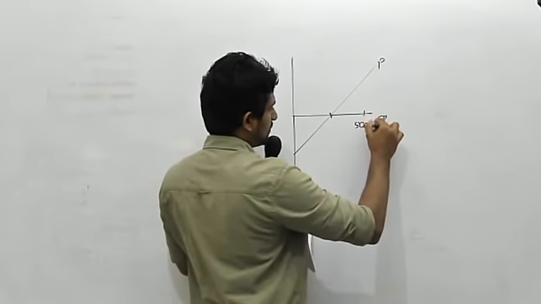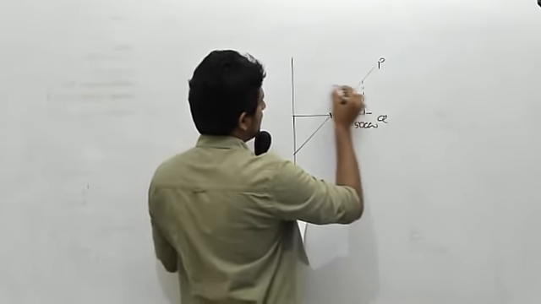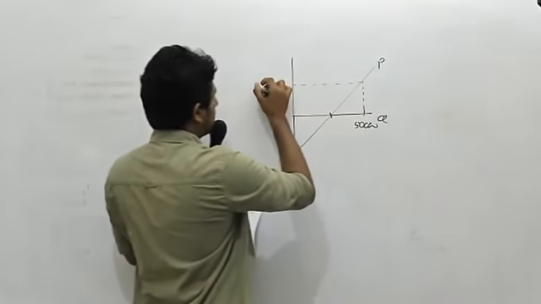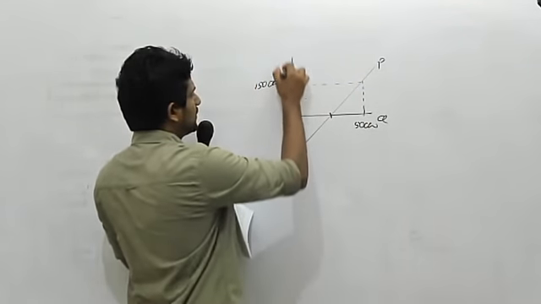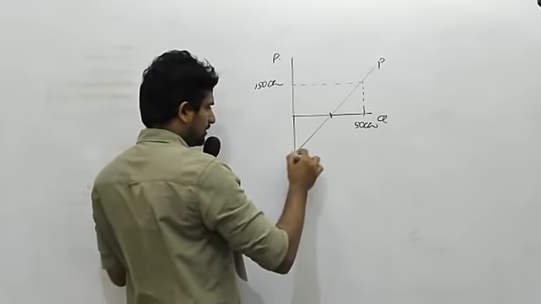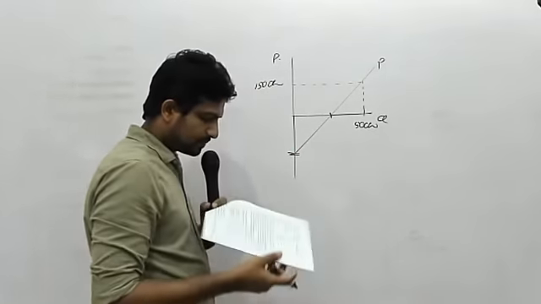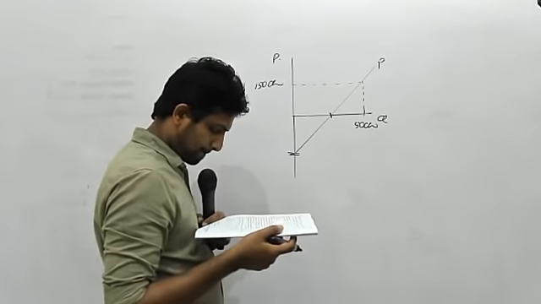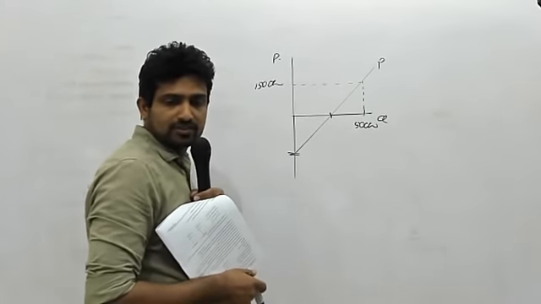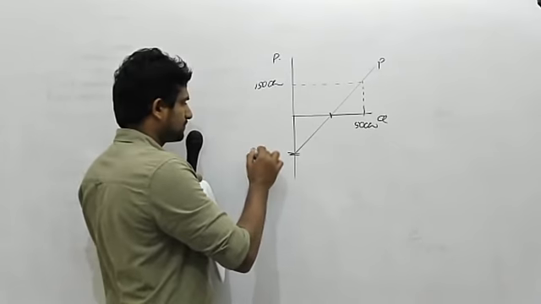At the 50,000 level profit is 150,000. Here you have to put what? This point, how much? Fixed cost, that is 350,000.